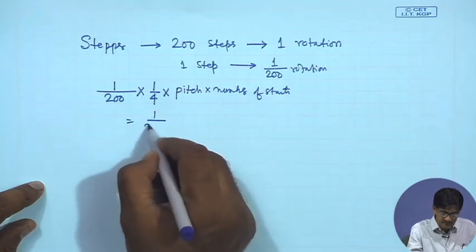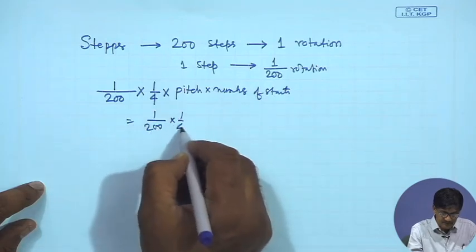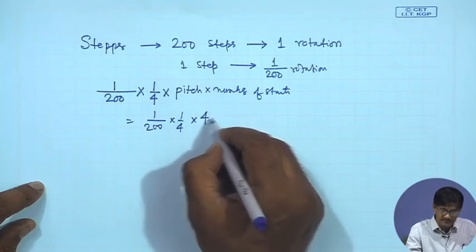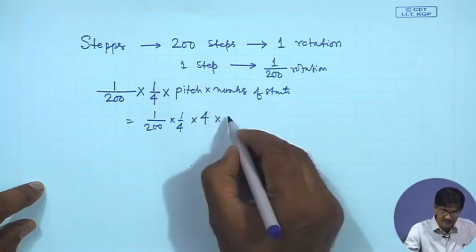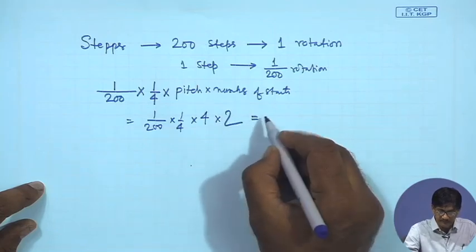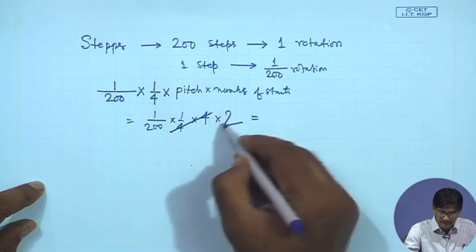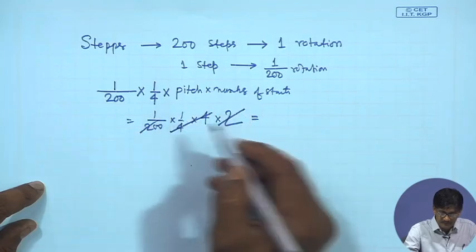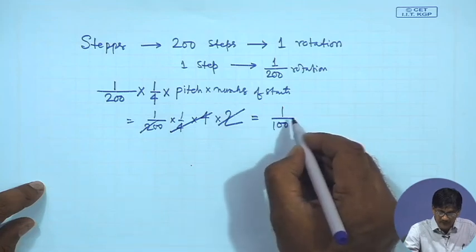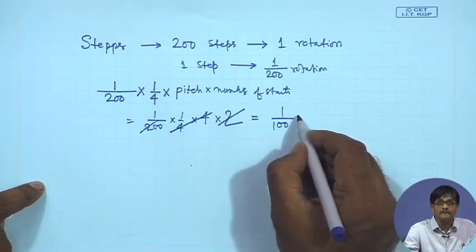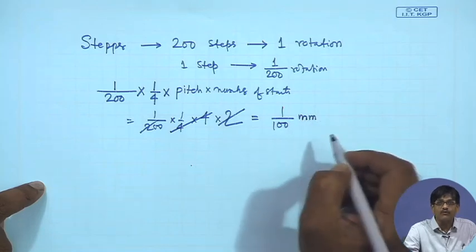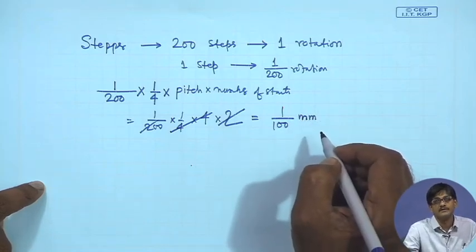equal to 1 by 200 into 1/4 into pitch is 4 millimeters and it's double start. So, multiplied by 2 equal to 1 by 100, 1 by 100 millimeters. What is 1 by 100 millimeters?